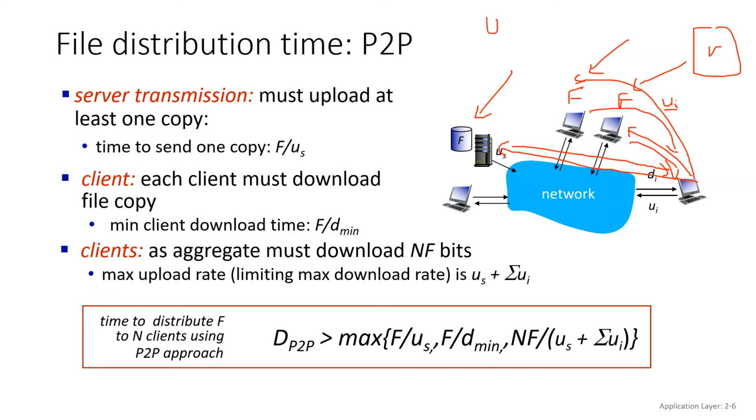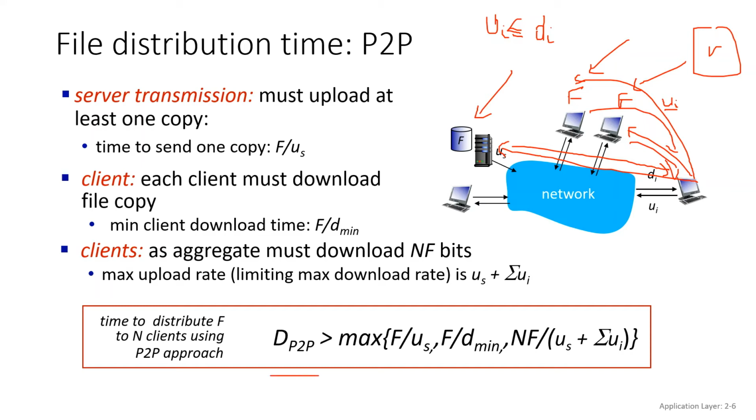What did I say? Their upload rate is equal to your download rate. Then you'll be literally downloading as they upload. Let's say your download rate should be greater than or equal to the upload rate, then it will make sense.